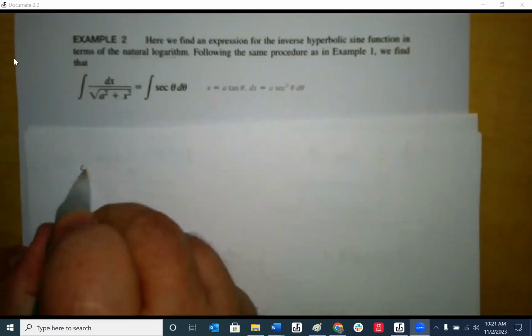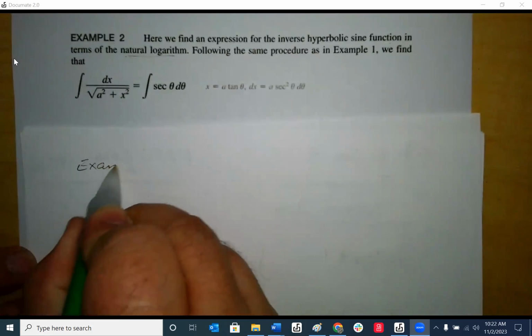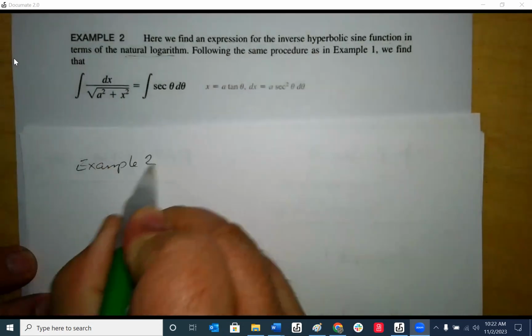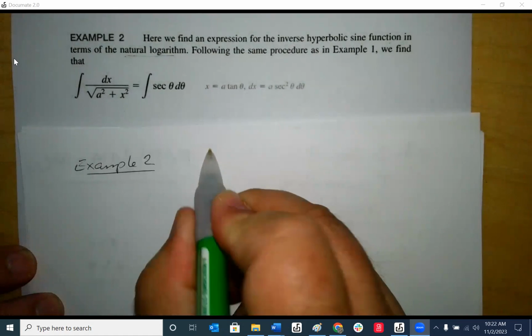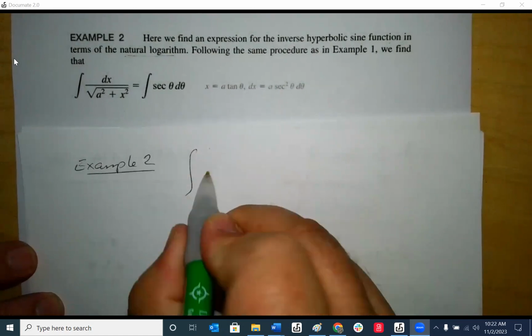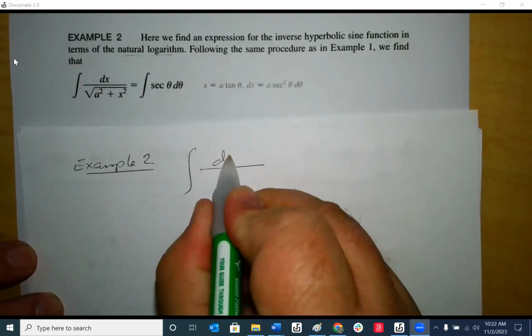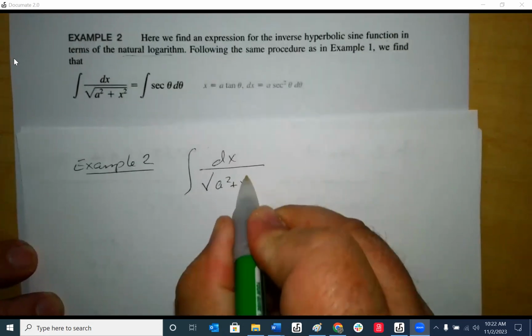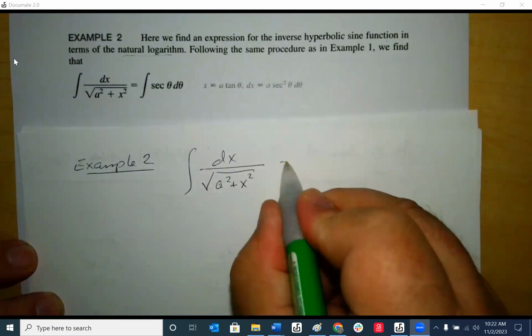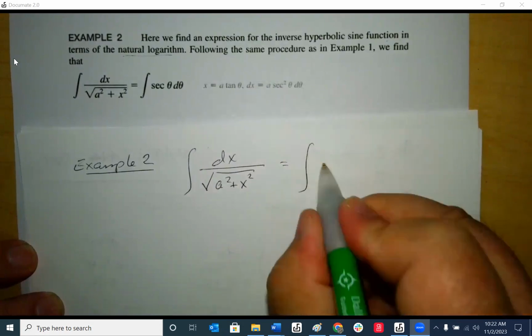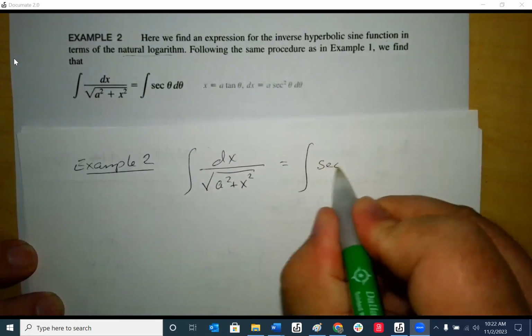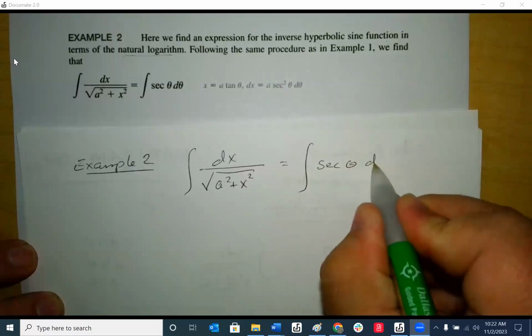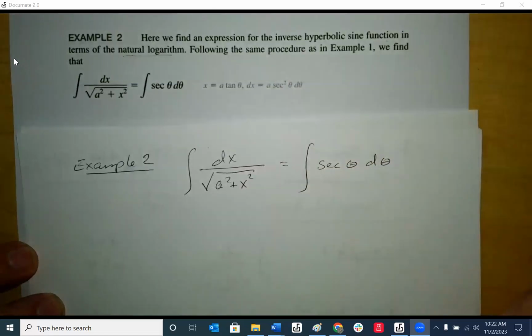So in example 2, we're saying here a squared plus x squared. And what we got from the first example is that.